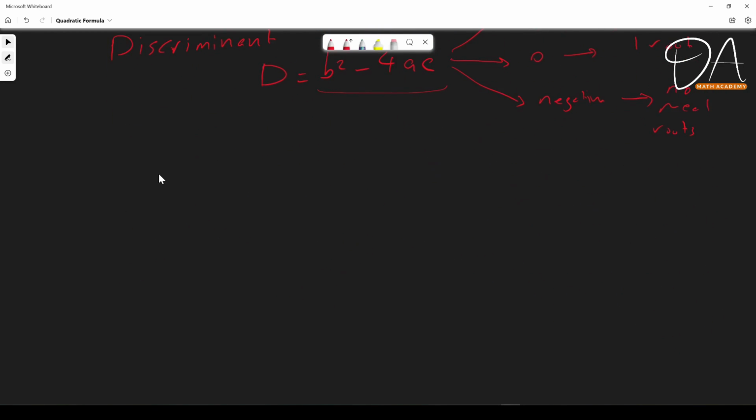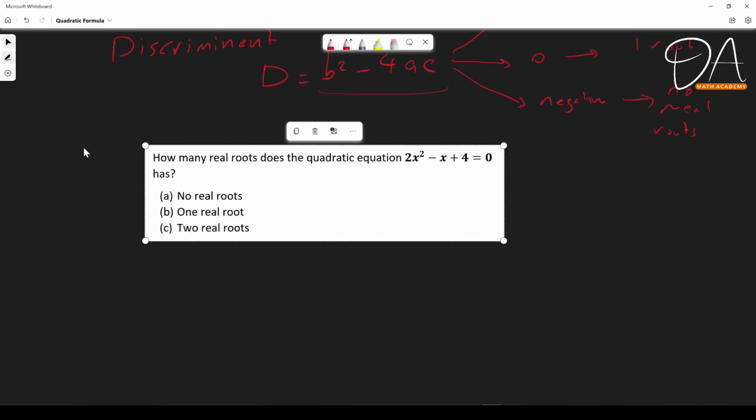So here is an example of these standard questions. This is one of the typical questions that you may get. It's asking us how many real roots this quadratic equation has. Now, they are not asking for the numerical values of these roots, but how many. So in order to solve a question like this, you simply use this discriminant, and to do that, we just need to determine the coefficients again. So the a coefficient here is 2, the b coefficient is minus 1, and the c coefficient is 4.